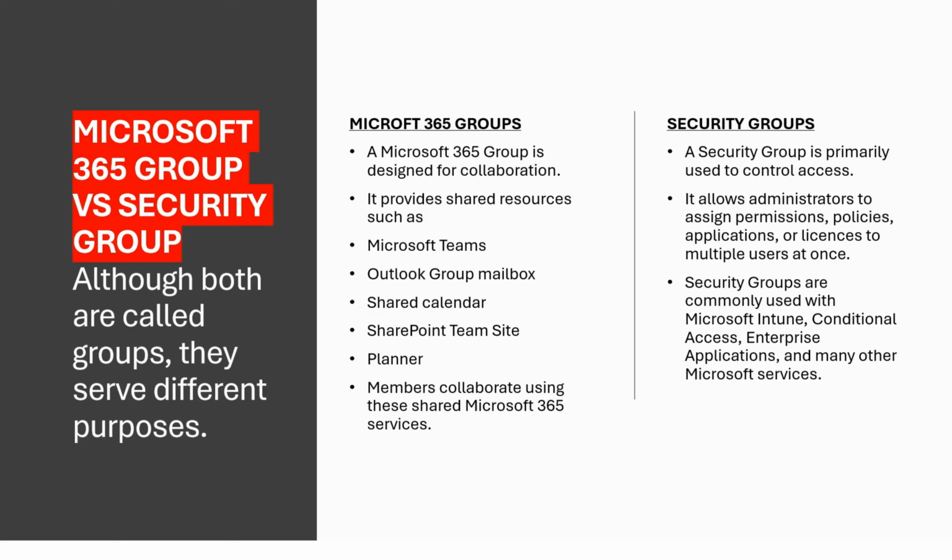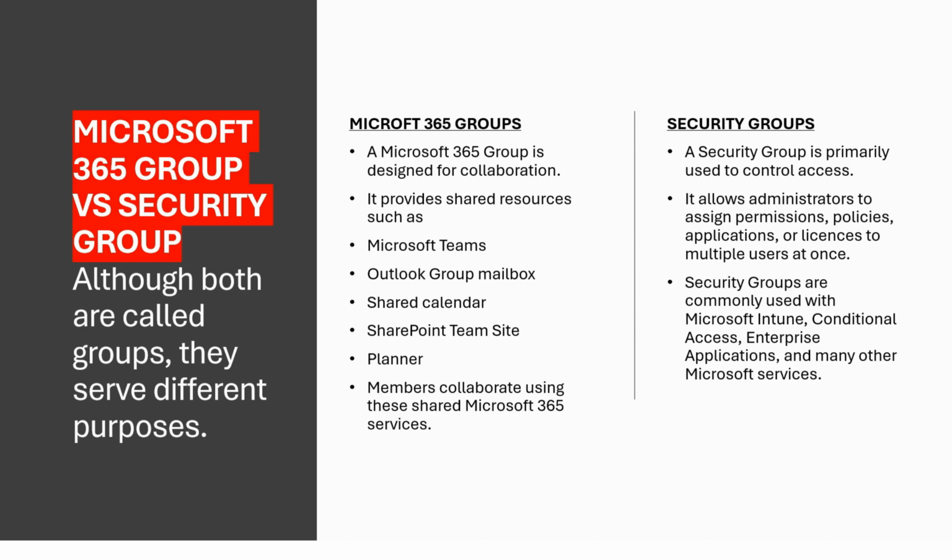So just a quick comparison between Microsoft 365 groups and security groups. A Microsoft 365 group is mainly designed for collaboration. It provides shared resources such as MS Teams, Outlook group mailbox, shared calendar, SharePoint site.